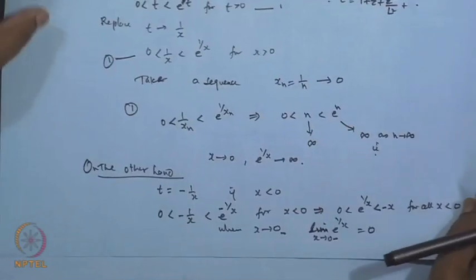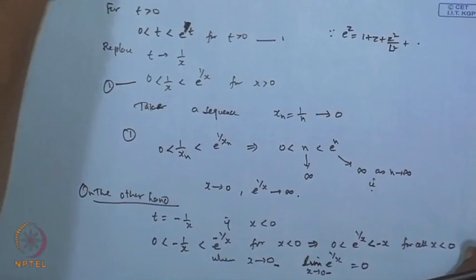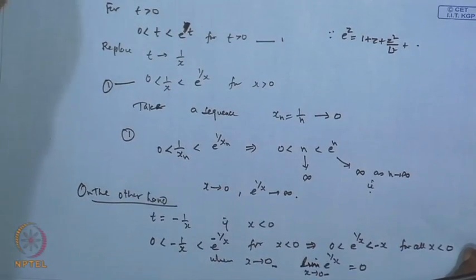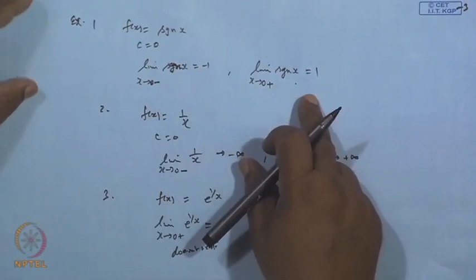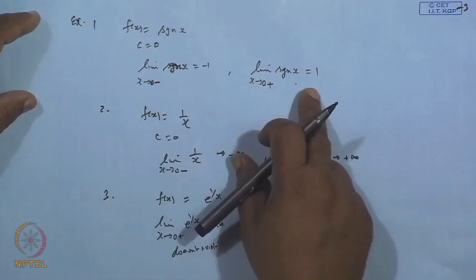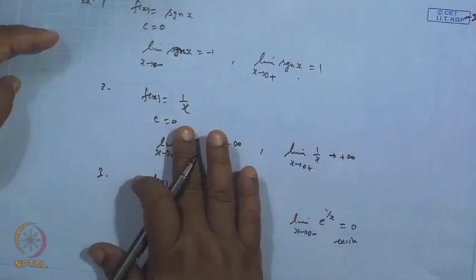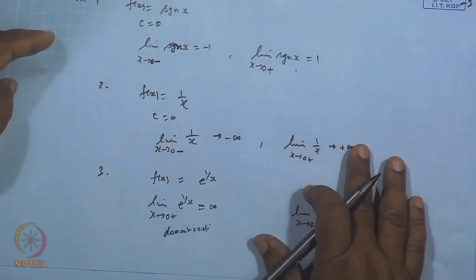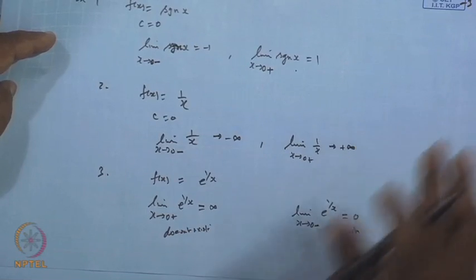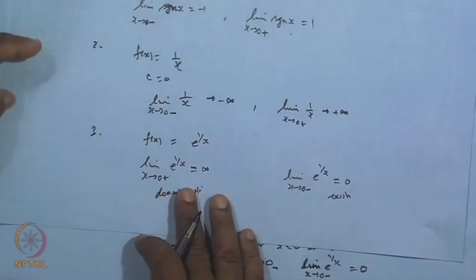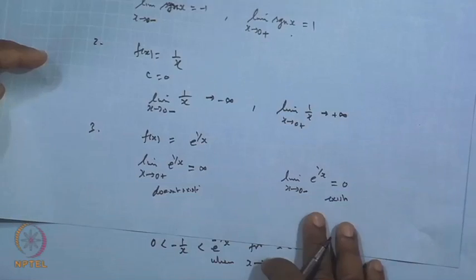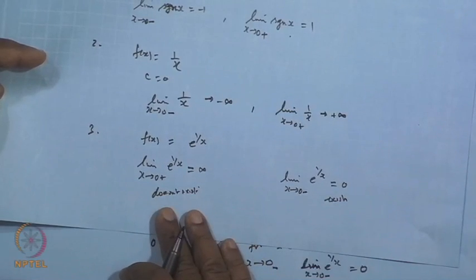So, we have seen the 3 examples. One is when the left hand limit and right hand limit both exist, but they are different. Second case, when neither the left hand limit nor the right hand limit exists, it comes out to be infinity or minus infinity. While in the third case, only the left hand limit exists, the right hand limit does not exist.